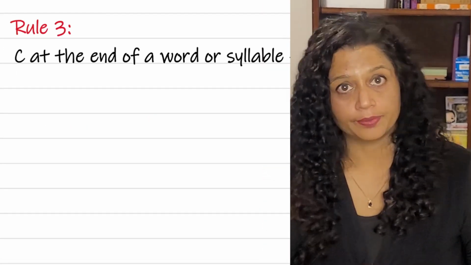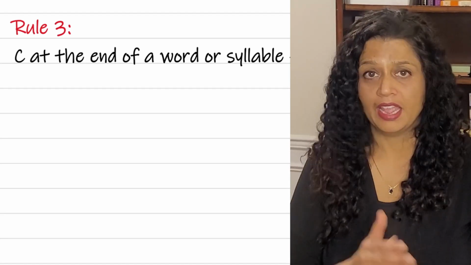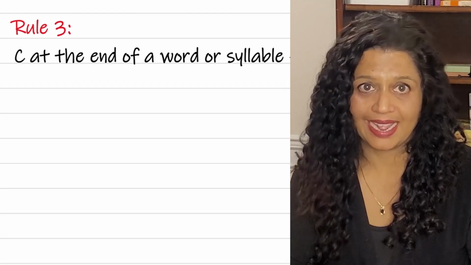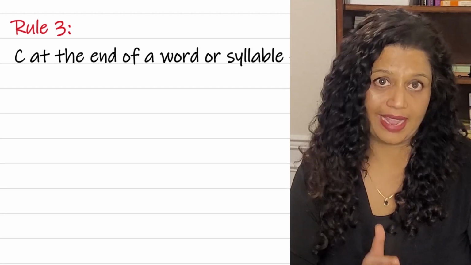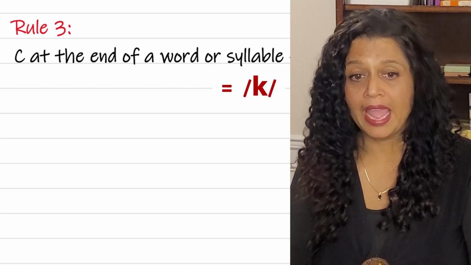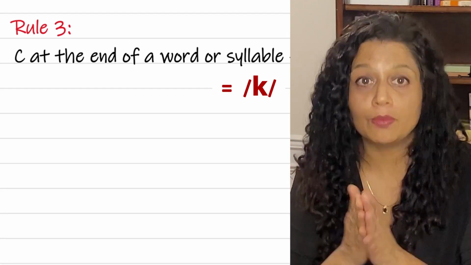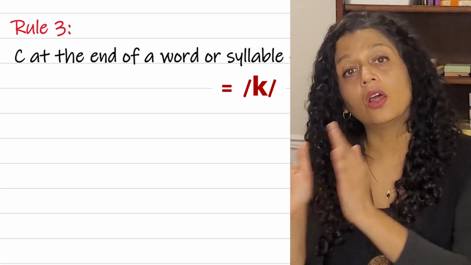Rule number 3, as to when the letter C makes the K sound: if the letter C appears at the end of a syllable or at the end of a word, it makes the K sound, okay? I'm going to give you some examples of words where the syllable ends in the C a little bit later.